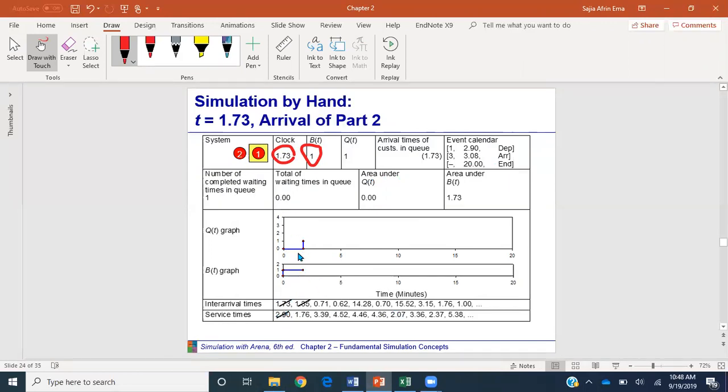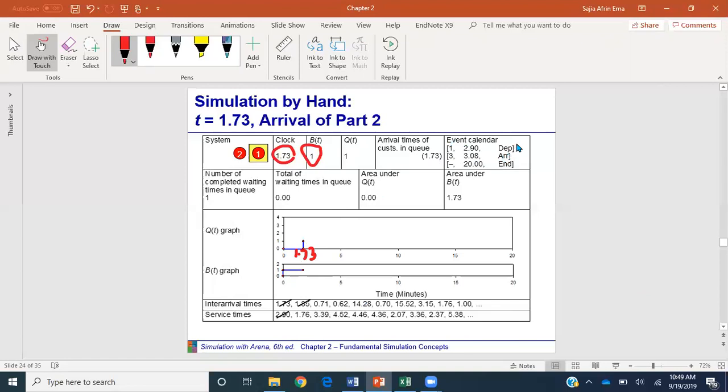And the time over here is 1.73 minutes. Okay, so at 1.73 minutes, QT increased to 1. Arrival time of customer in the queue, 1.73.